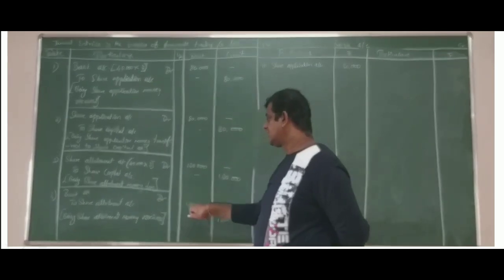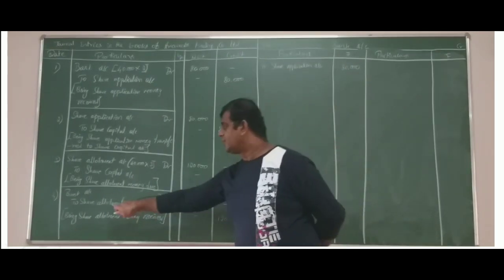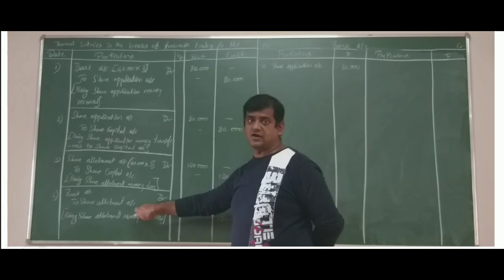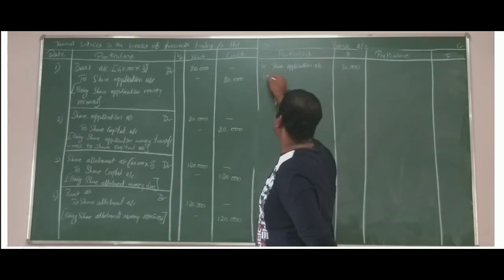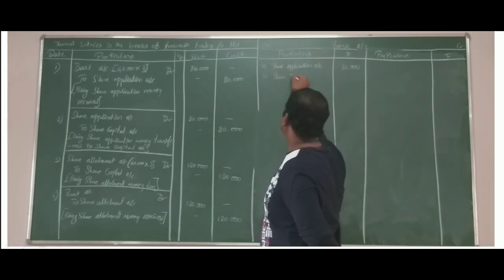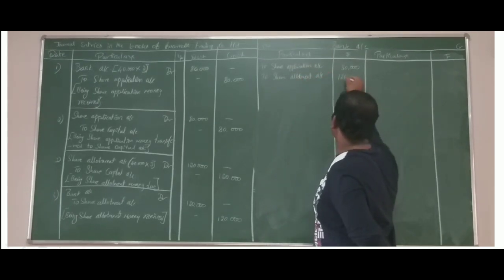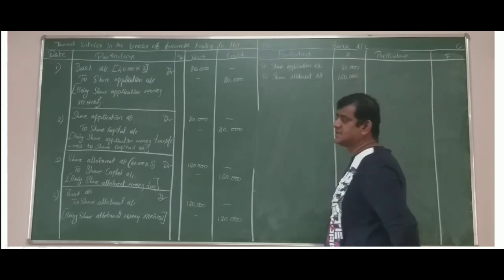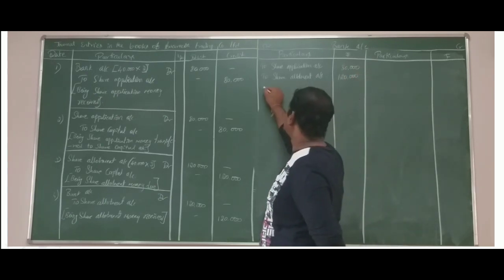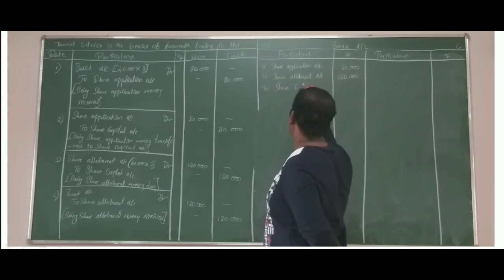Bank account 1,20,000. Which money is it? Share allotment account. So copy the same. To share allotment account, 1,20,000.